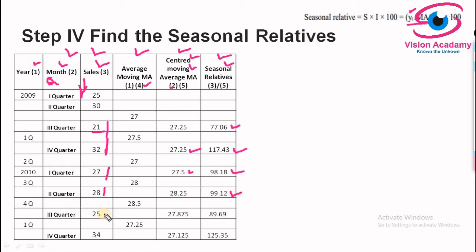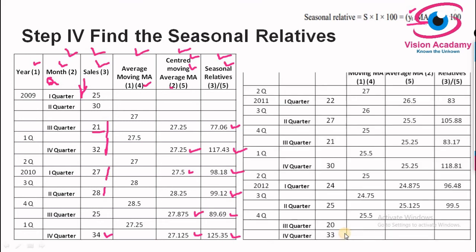Fifth one, 27 by 27.875, which is 89.69. Sixth seasonal relative is 34 divided by 27.125, which is 125.35. So we will continue like this until all the observations in the problem are exhausted.